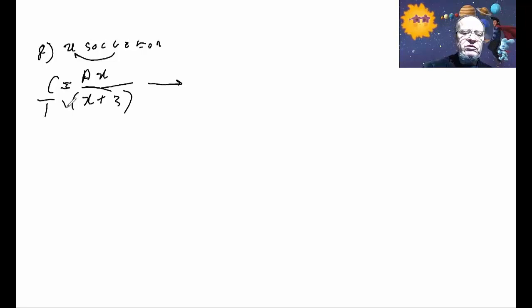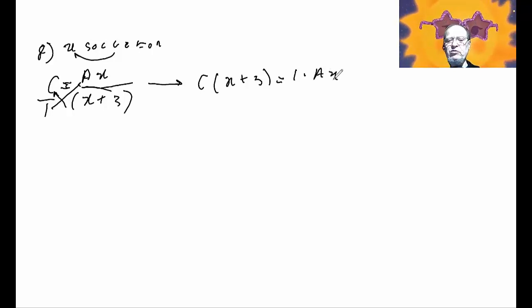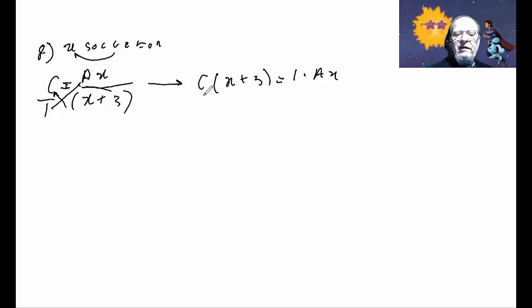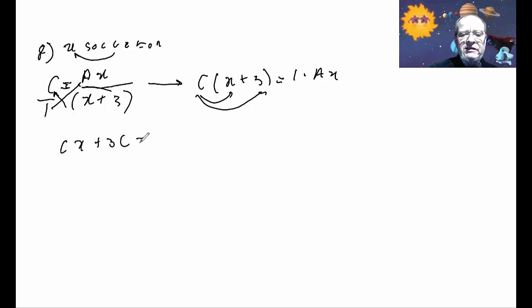So I'll cross multiply, and I'll end up with c times x plus 3 is equal to 1 times ax, but we usually don't write the 1, and I'm also going to distribute like I did in examples 6 and 7. So I'll end up with cx plus 3c is equal to ax.